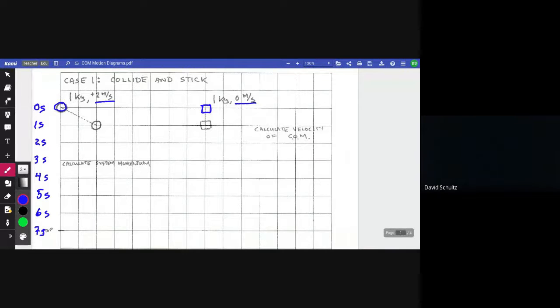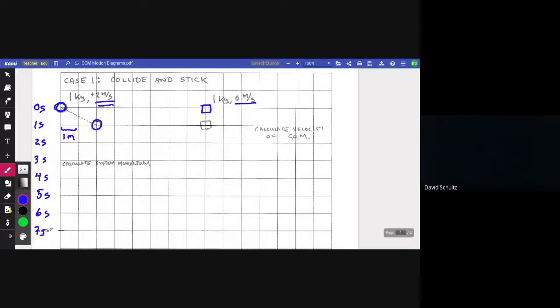Okay. So first of all, let's map out what happens up until the collision. And so what we're going to do here is we're going to make each one of these blocks 1 meter. And so if you look at this first mass, it moves at 2 meters per second. And so that's why you're taking that circle and you're making it move up by 2 blocks after 1 second. So I'm going to continue that with the circle.